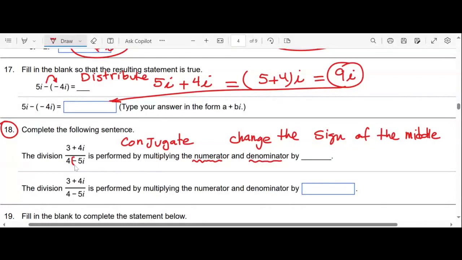What is the sign of the middle? Minus. So it becomes plus. So you're going to multiply the top by 4 plus 5i and the bottom by 4 plus 5i. Is this clear? So you put the answer here.